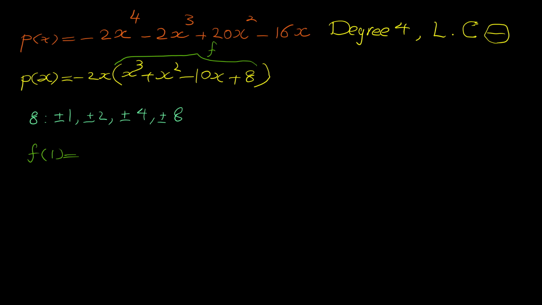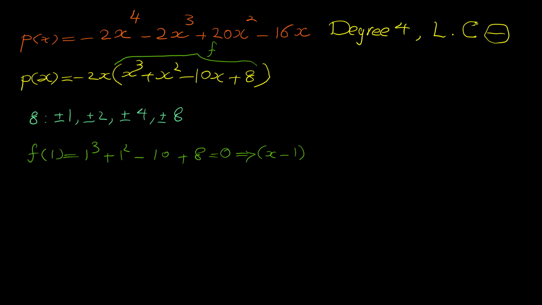If you plug in 1 inside this polynomial, it's 1 to the 3 plus 1 to the 2 minus 10 plus 8. 1 plus 1 is 2, 2 plus 8 is 10, 10 minus 10 is 0. This is good news, because now we know that x minus 1 is a factor for this polynomial.